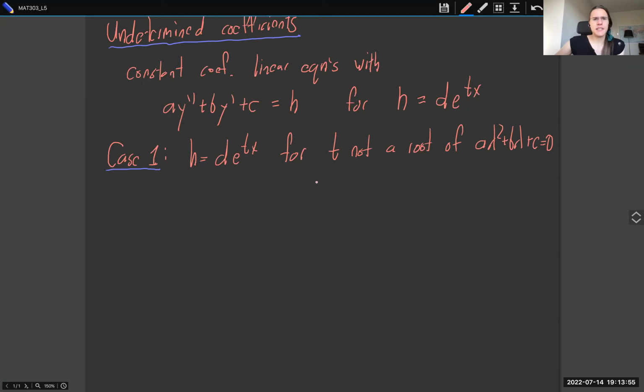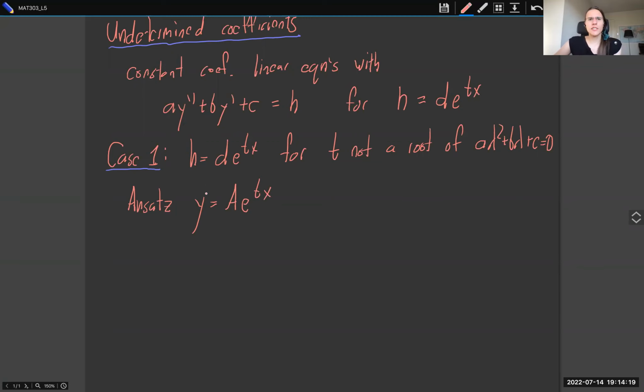So what happens is that basically we consider what happens when we use the ansatz y is equal to A e to the tx.